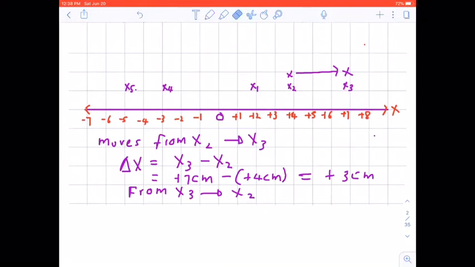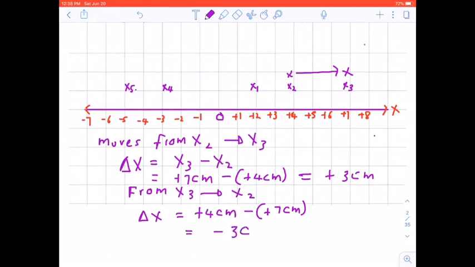Right, and what would that be equal to? So that would be change in x is equal to plus 4 centimeters minus plus 7 centimeters, and what does that give us?